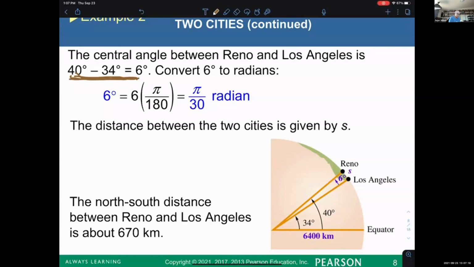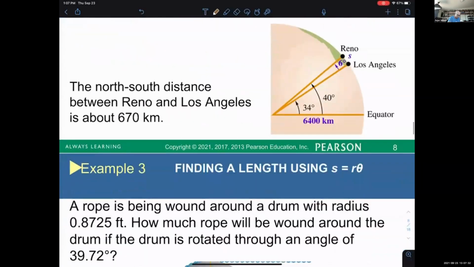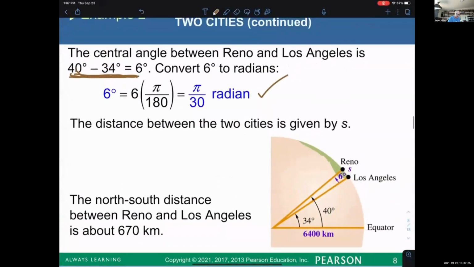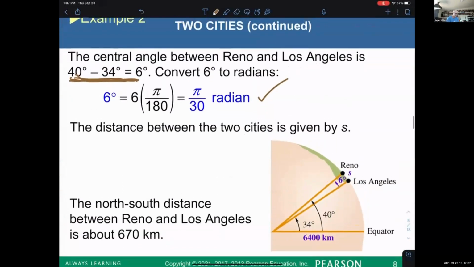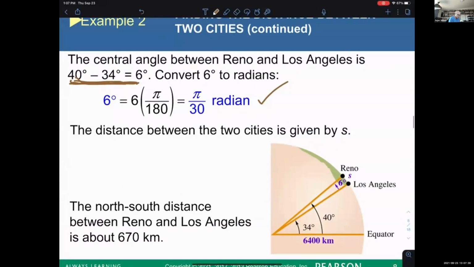So first they convert the 6 degrees into radians. And then we could take that along with the radius of 6,400 kilometers and multiply those together. Now they don't seem to show that here. Did they do it here? No, that's interesting. They just have a gap. Maybe I'm supposed to fill in the gap. So the formula is that S is equal to R times theta in radians.